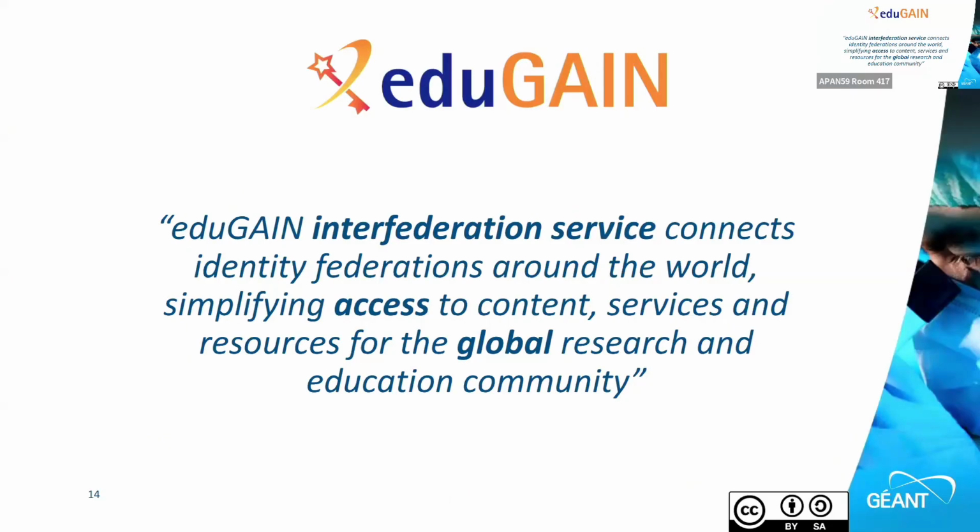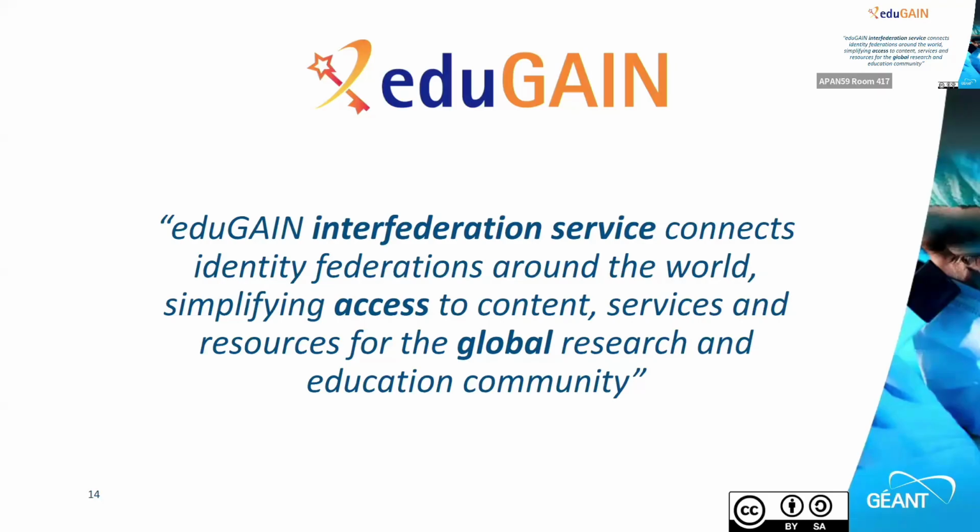The problem EduGain is solving is that when you have this trust layer in one country with one identity federation, the entities can exchange metadata and let users of the home organization access resources. But if you want to access a resource that is published in another identity federation, you would need to set up a bilateral agreement with that single resource, because identity federations are not talking among themselves.